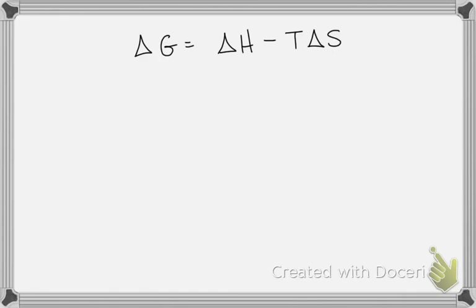If the delta H is negative, and the delta S is positive, okay, we know a negative delta H favors spontaneity and a positive delta S favors spontaneity. But do you see that if those are the signs of the H and the S, the delta G will always be negative? Mathematically, that equation works out so that delta G is always negative. That means the process is always spontaneous if those are the signs of H and S.